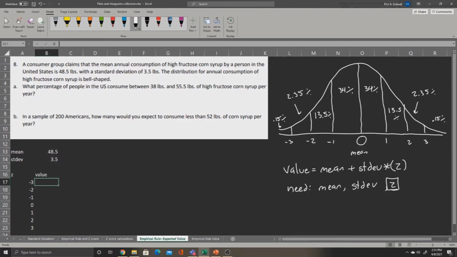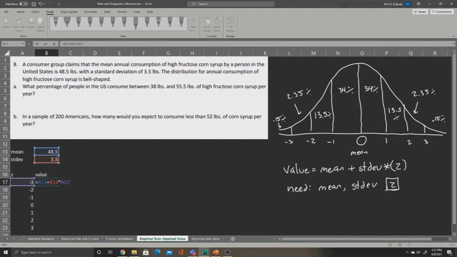So to calculate our first value, we'll say equals, click the mean, add the standard deviation, and multiply by the z. Now notice that we have many different z's, but only one mean and only one standard deviation. This means that our mean and standard deviation will need to be indicated as constants, so Excel will not attempt to change them.